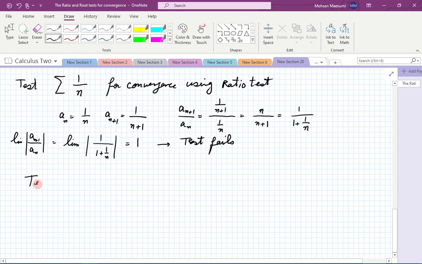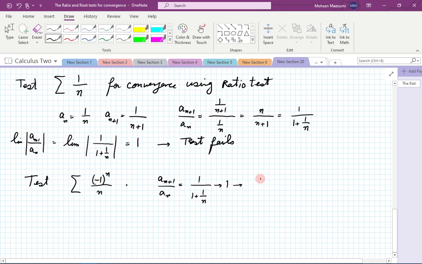Similarly, if I have (-1)^n over n, if the question is to test this one, then again a_(n+1) over a_n, just like this, is 1 over 1 plus 1 over n, and that one also tends to 1.